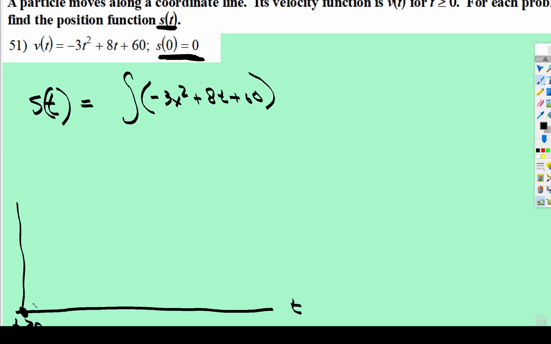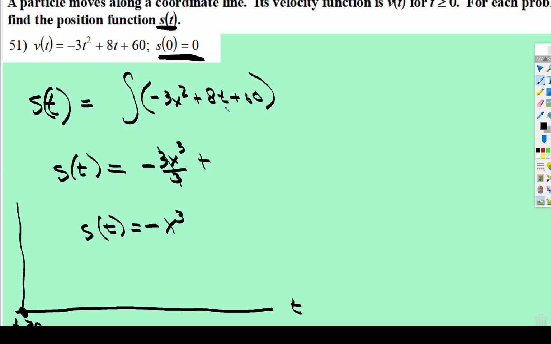So we're starting here. The position function is, when we integrate negative 3x squared, we end up with negative 3, 2 plus 1 is 3, divide by 3, so we end up with negative x cubed. And these should have been t's, I'm sorry.